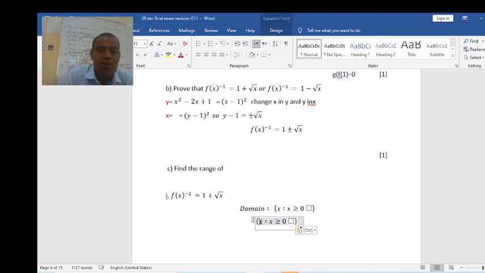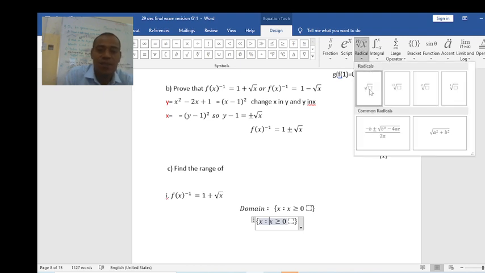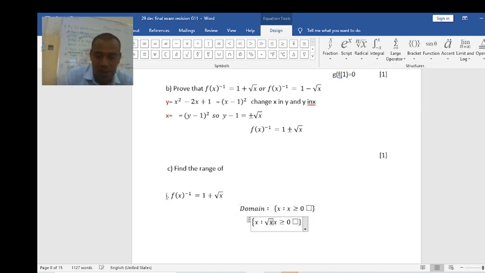Now I will take the square root of x, then I will add 1. The square root of x plus 1 is more than or equal to 1.